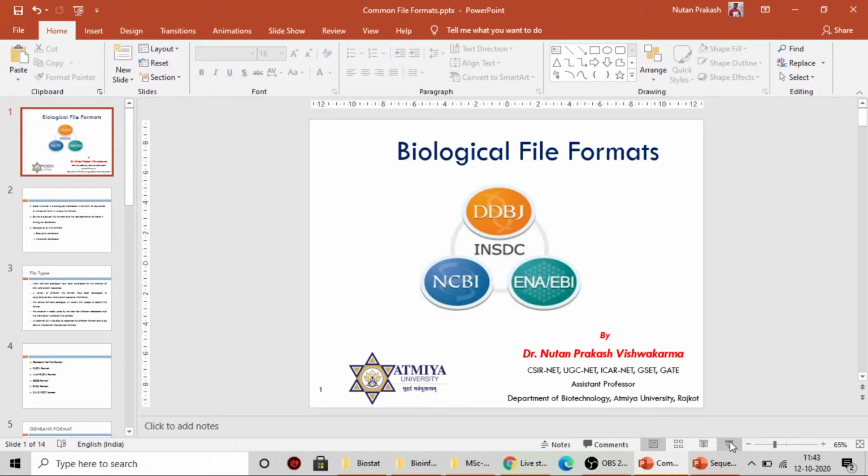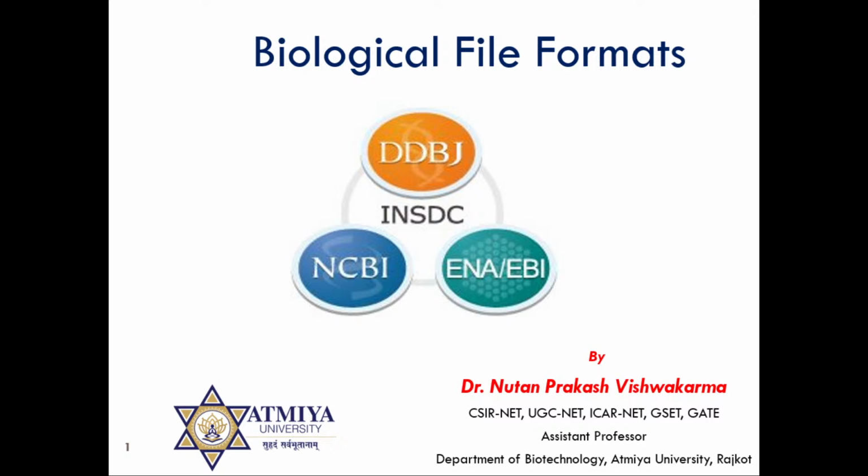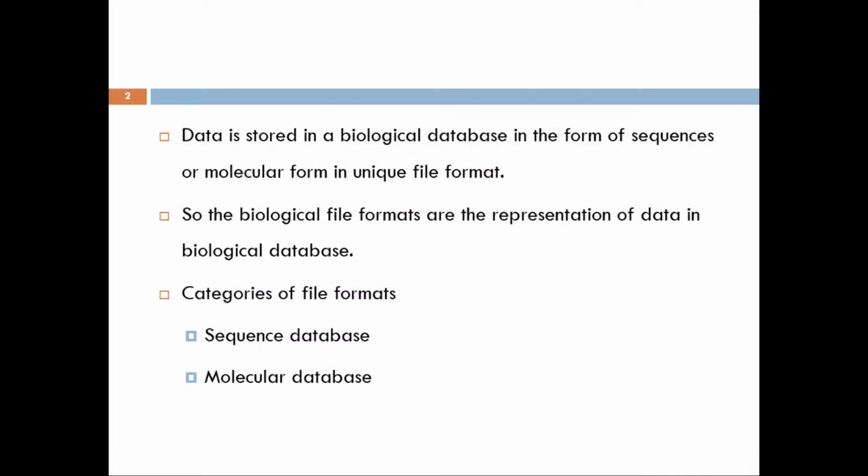Although we have covered everything in unit number 1, a few things are left, that is unit 2. Now we have started unit 2. In unit 2, one concept is there, that is the biological file format. We have already covered it, but just a small recap: all the databases represent the biological sequence in their own format.